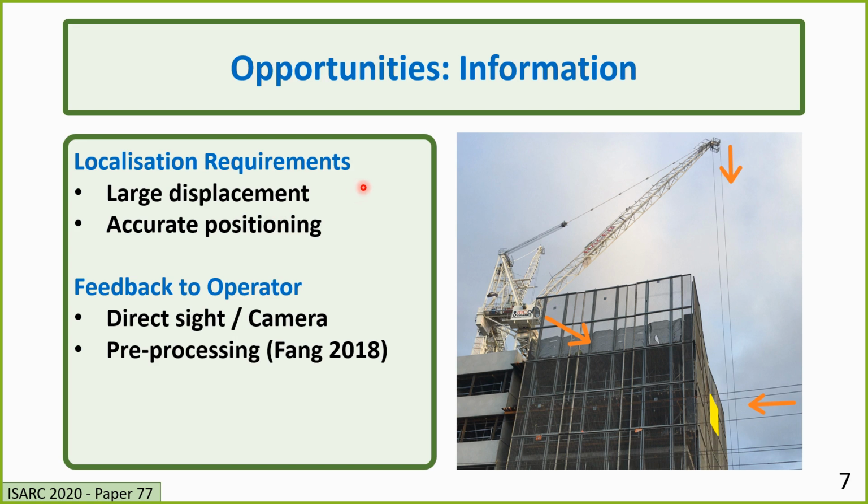In the case where a crane is still required, we must consider that to achieve the displacement from the ground to the aligned position, a large displacement is required, but then accurate positioning as it approaches the building. For feedback to the operator, we can see that in this case, there is no direct line of sight for the operator.